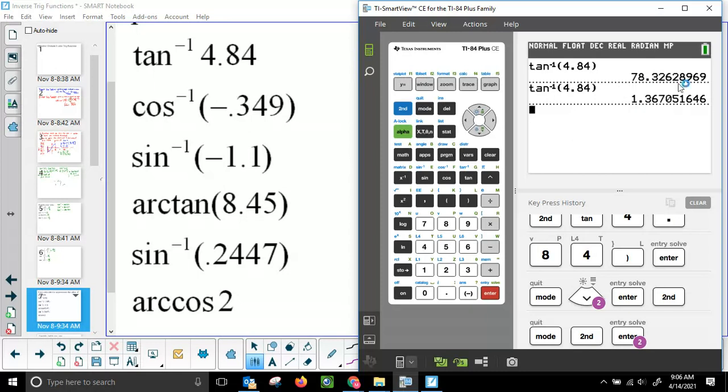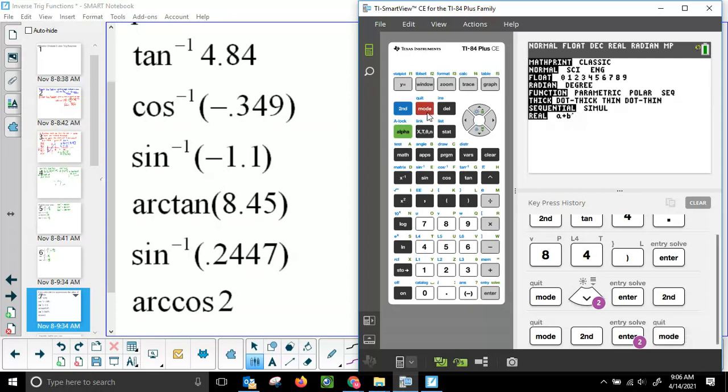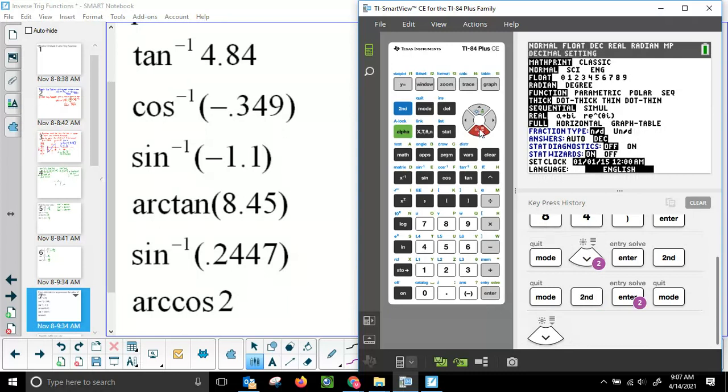But if I told you to draw me an angle of roughly 78 degrees, you'd say, okay, it's an acute angle. It's definitely less than 90, not too far away from 90, so you could probably freehand an angle relatively close to 78 degrees. But this would take a heck of a lot more thought. So typically when we use the calculator, we're in degree mode.